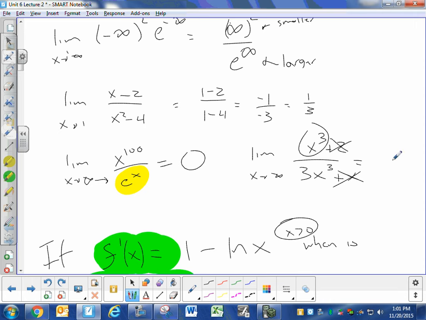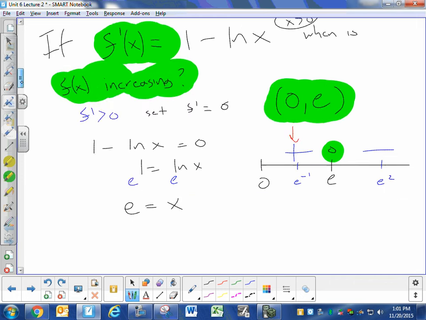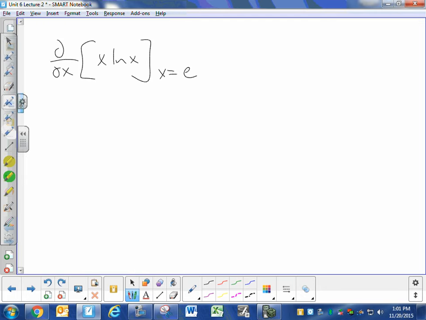We'd be able to kind of cancel out the x cubes in terms of their growth, and this limit would be 1/3. Do you remember that? Okay. And then, of course, if we are growing faster in the numerator than the denominator, we would be either positive or negative infinity. In this situation, it'd be positive infinity. Okay? Review from Unit 2 way back in the day.